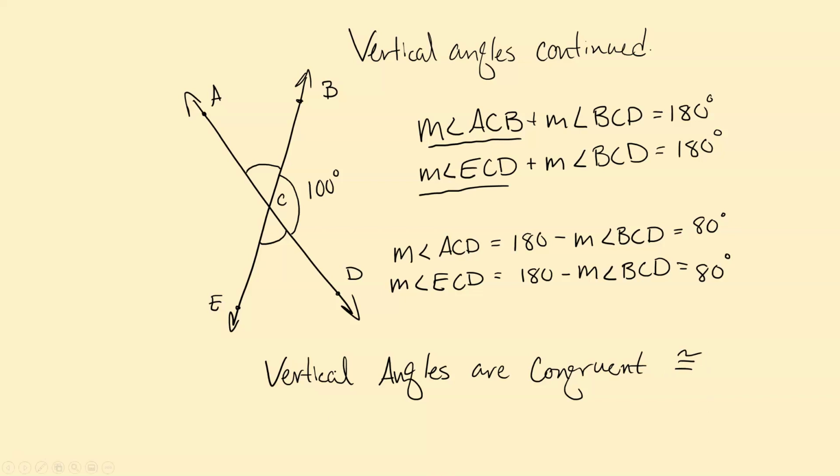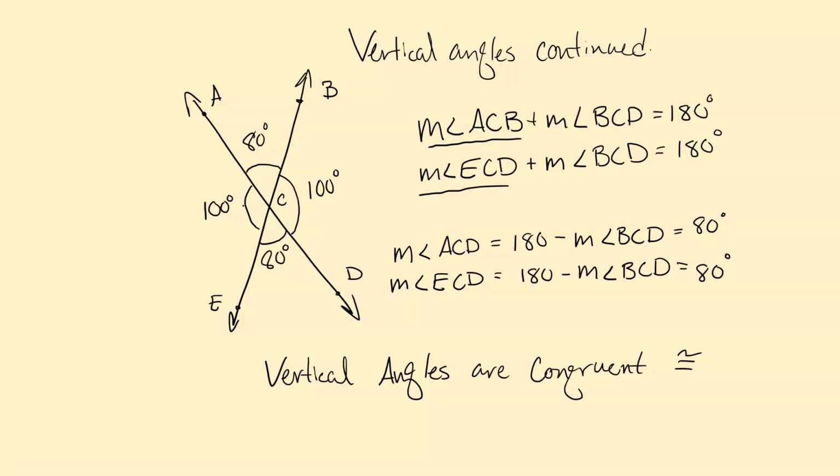And that is always true. Vertical angles are congruent. The opposite angles on any intersection are congruent. So like if I know this is 100 degrees, that means this has to be 80 because they're linear pairs. And these are vertical, so this has to be 80 as well. And that means this angle over here has to be 100 degrees because those are vertical.